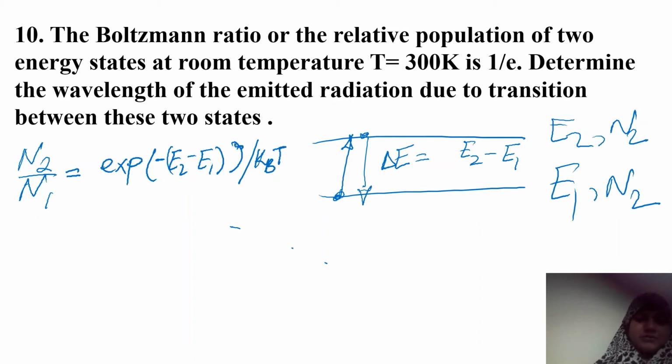Some brackets have been misplaced here and there. Sorry about that. It is the exponential of minus (E2 minus E1) divided by kBT.